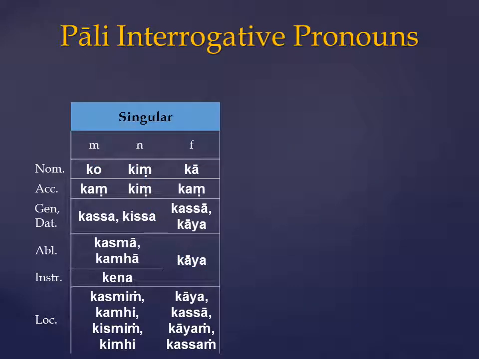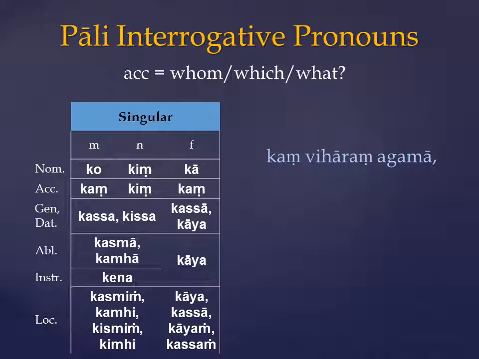An interrogative pronoun in accusative case will represent the object of the verb. So in strict English, this will be whom, which or what. And in the sentence, kang viharang agama, we can see that both kang and viharang are in accusative case, which means they're likely to form a unit. And agama is a third-person verb meaning to go, but it's in the past tense, so it can be rendered he went.